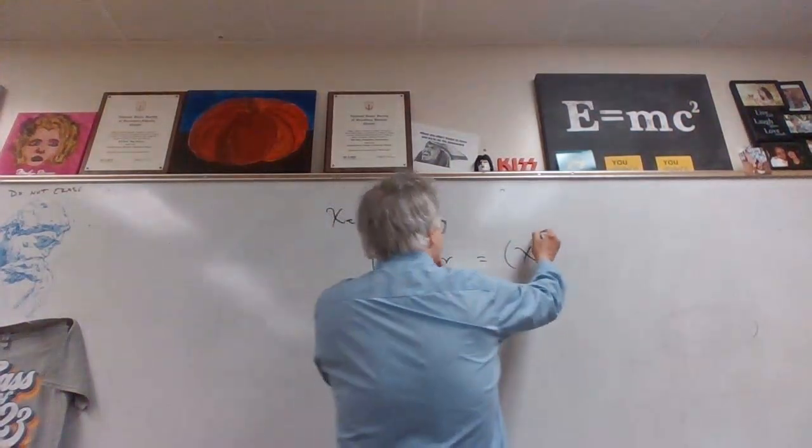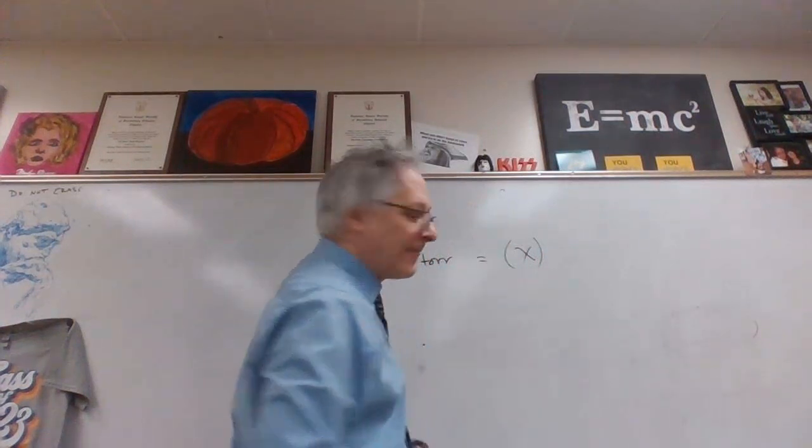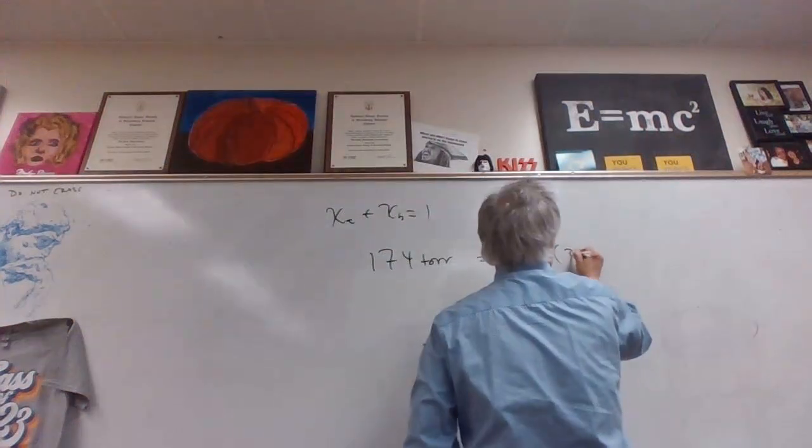So let's just call that one chi, for mole fraction. It doesn't matter which we use here because we don't know which is the solvent and which is the solute. So pure methanol, CH3OH, has 303 torr.